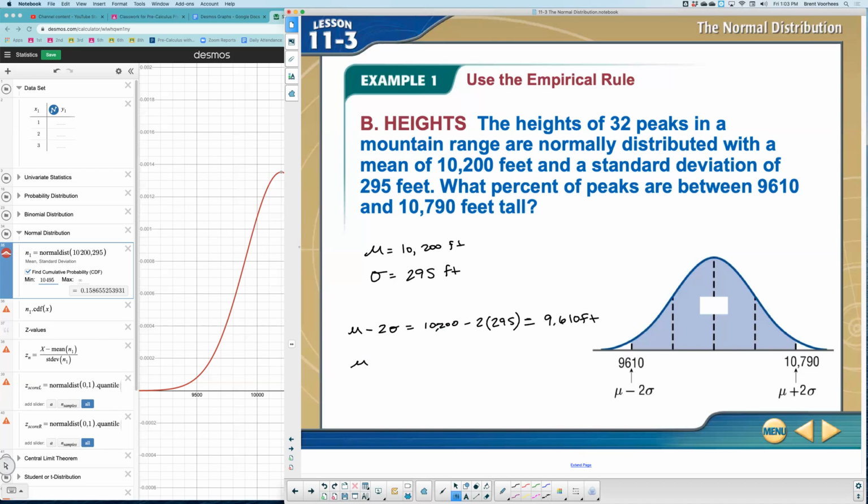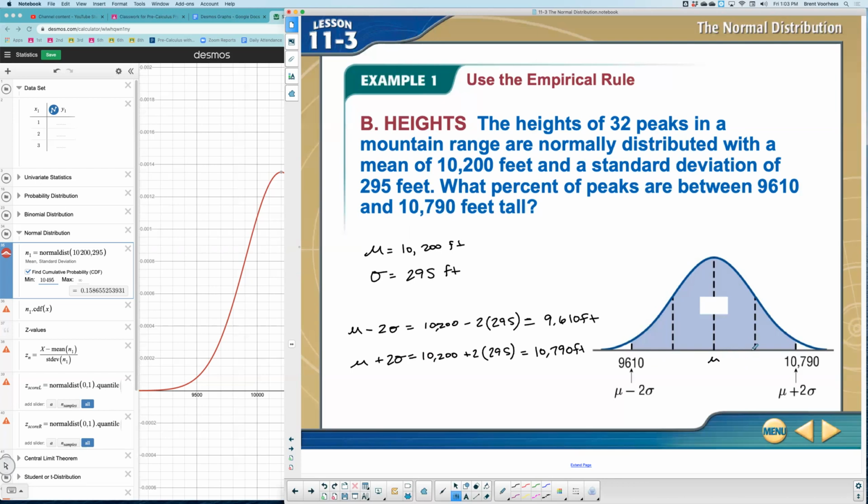Just the same, the mean plus 2 sigma is 10,200 plus 2 times 295. So 10,200 plus 590 is going to equal 10,790 feet. So that's where these numbers are coming from.